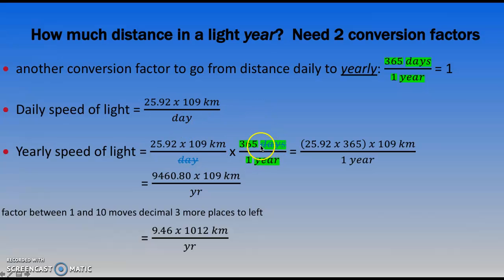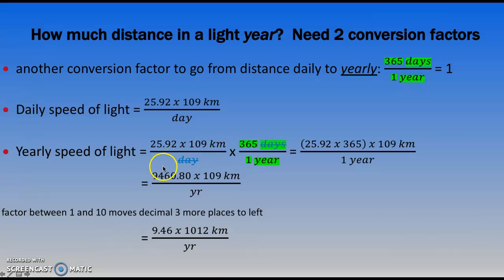And I've got another conversion factor to get to years. 365 days is 1 year. This is a fraction that is equal to 1. It has 2 different measurements, 2 different units, but 1 over the other is equal to 1. And I can multiply anything times 1. So I can take my basically 26 times 10 to the 9th kilometers per day and multiply it by 365 days per year and cancel out my days.